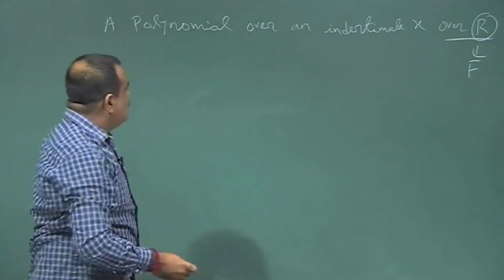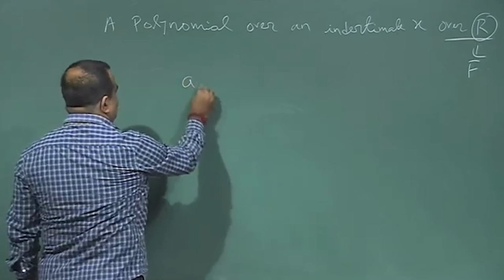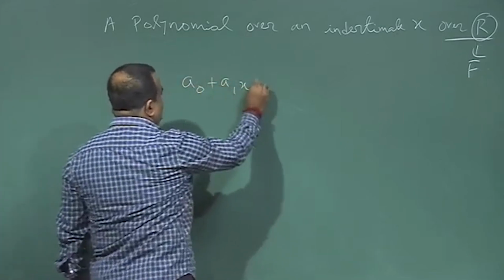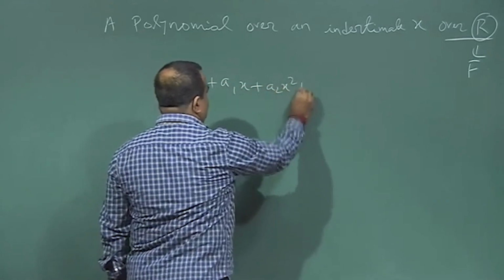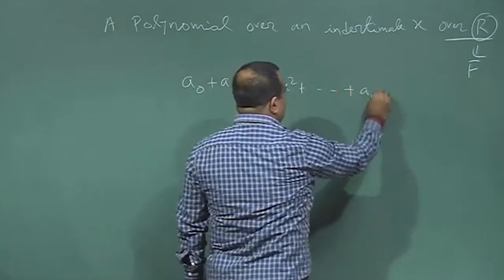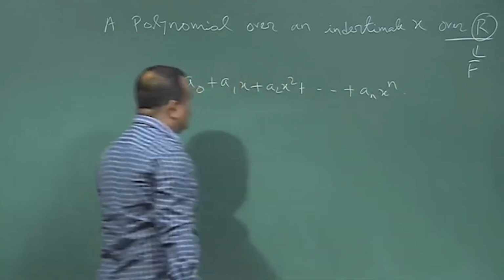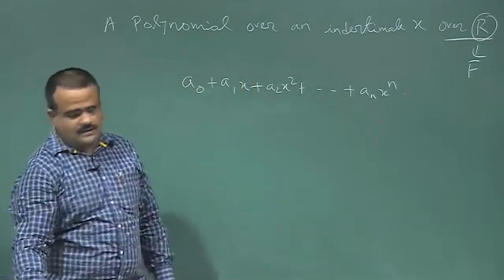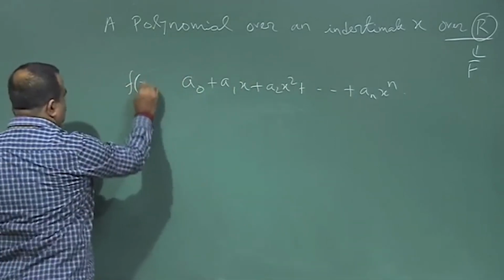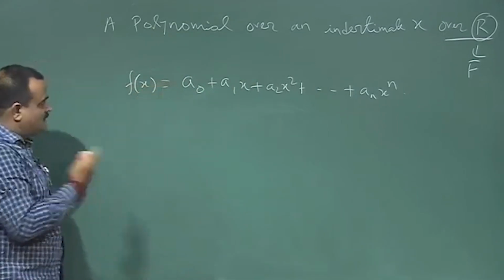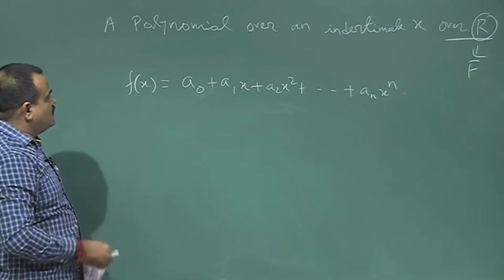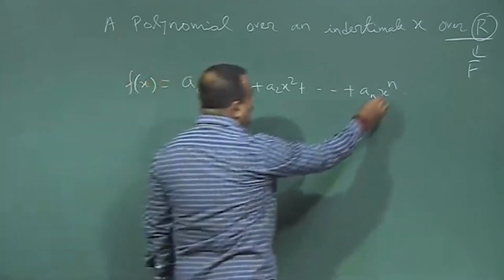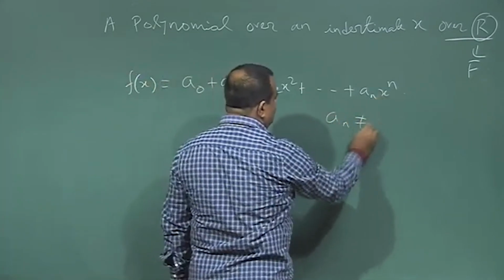So it is basically an expression like this: a0 plus a1x plus a2x square plus up to an x to the power n, and this is denoted by f of x. This expression is called a polynomial of degree n, provided this an is not equal to 0.